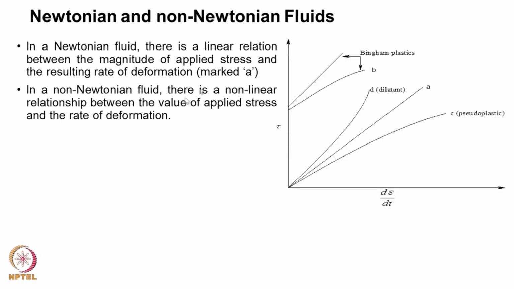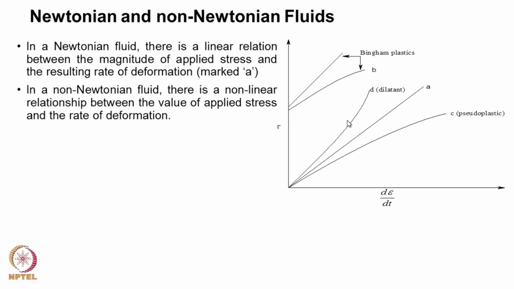There is a graph available. On the y axis you have the stress tau, and on the x axis you have the rate of strain, d/dt of epsilon, which is strain. A is a straight line, a linear relationship between applied stress and the resultant strain. That behavior, marked here as A, is known as a Newtonian fluid.